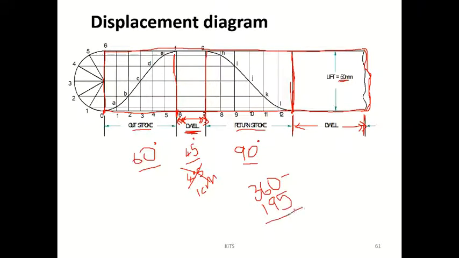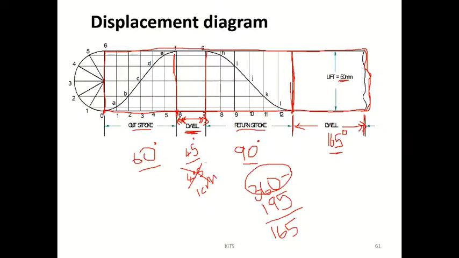The value is 165. So this dwelling period is 165. If you add everything, 60, 45, 90, and now this 165, you will get 360 degree.